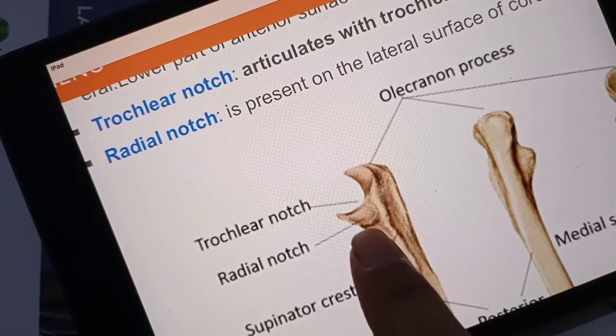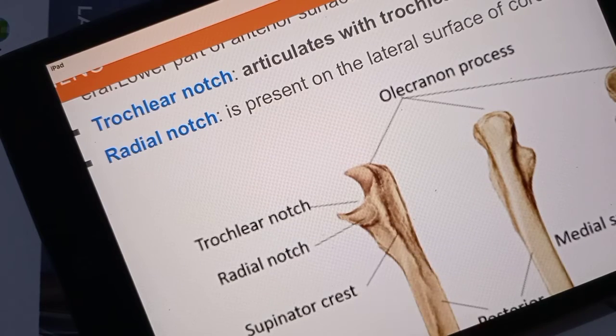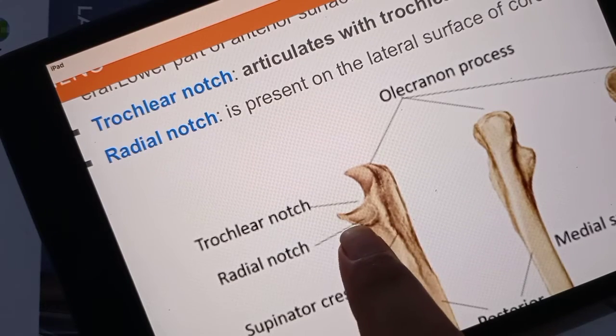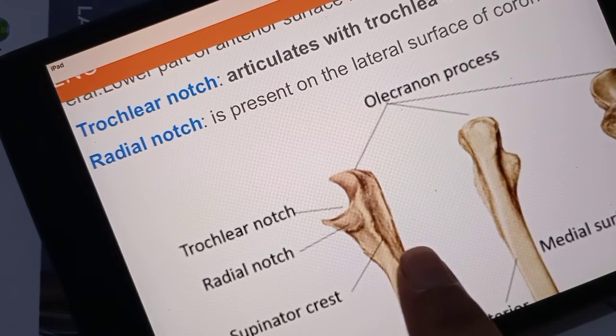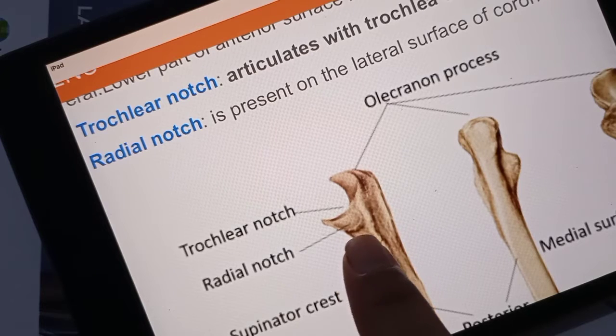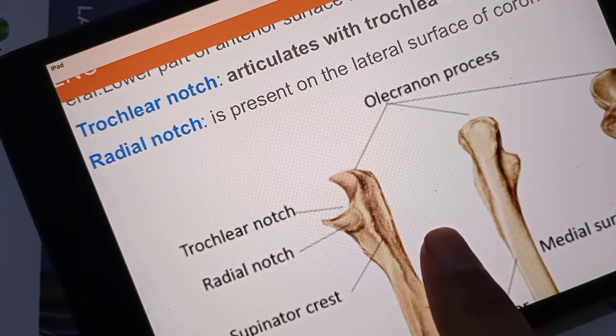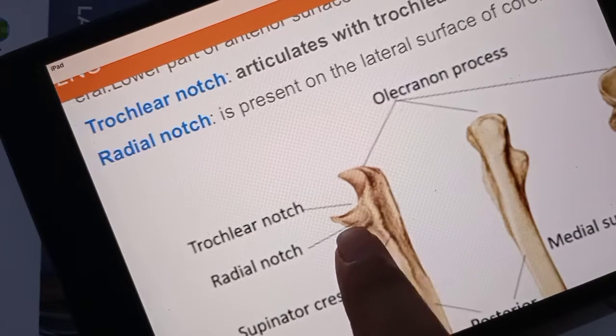On the lateral side of the coronoid process, there is another articulation surface, and this articulation surface is for the radius. The head of the radius articulates with this surface.